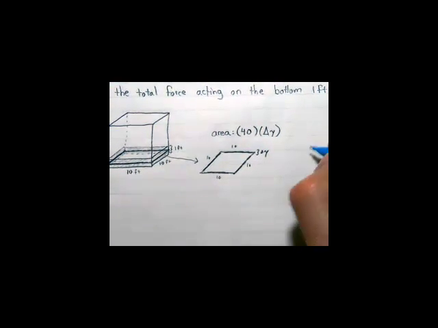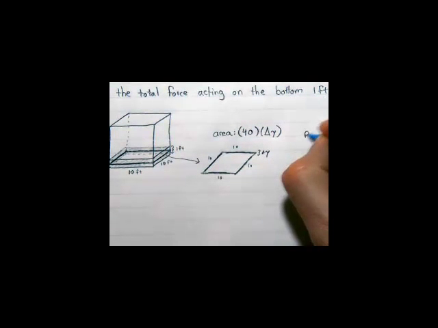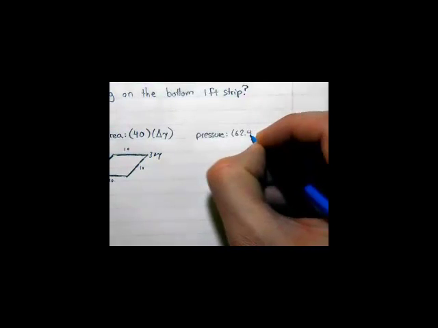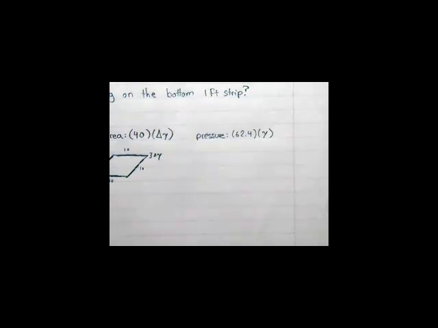pressure should work pretty much the same way this time. It is the weight density times the depth, which hasn't changed, right? So we can use 62.4 is the weight density of water times the depth. Still use y because that's still variable, right? Even though we're doing the bottom 1 foot strip, it's still variable of what that depth is.